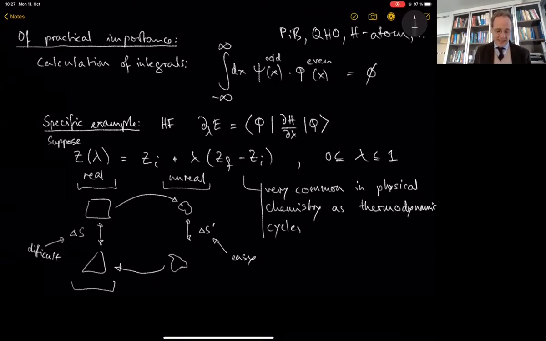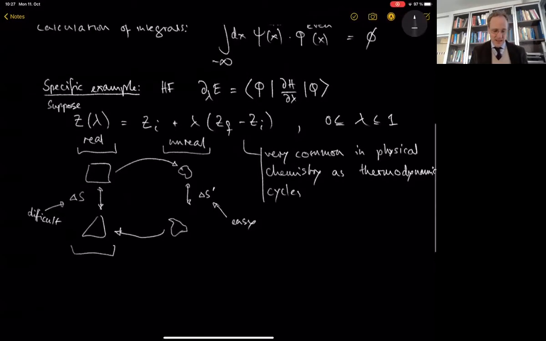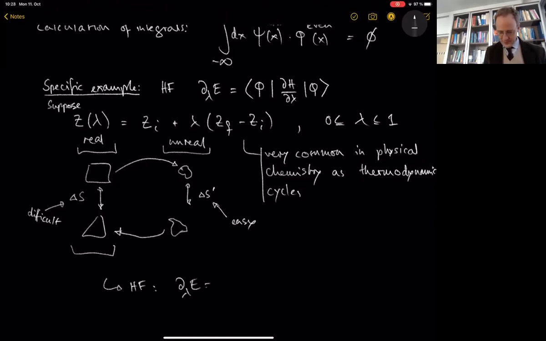Anyhow, so let's suppose this is our Z. Then the Hellman-Feynman derivative, you can write this, of course, as a chain rule, right?